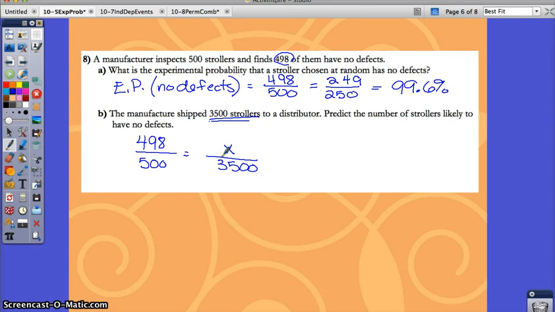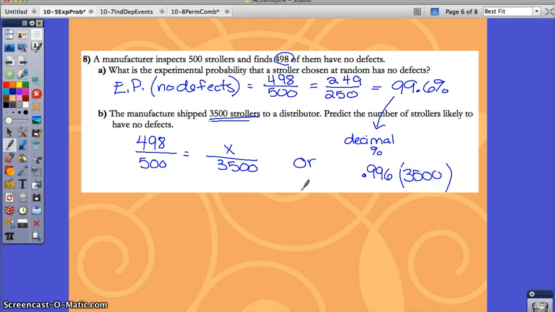There's your proportion. Or what you can do is write your equation, taking this ratio right here, which is a decimal. You just have to make sure you put the decimal in the equation. So it would be 0.996, and just multiply that by the total, which is 3,500. Both of these would be good work.